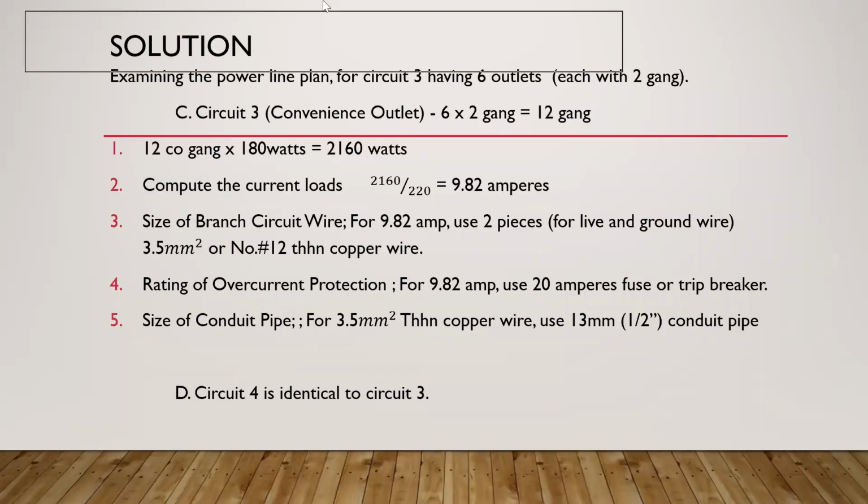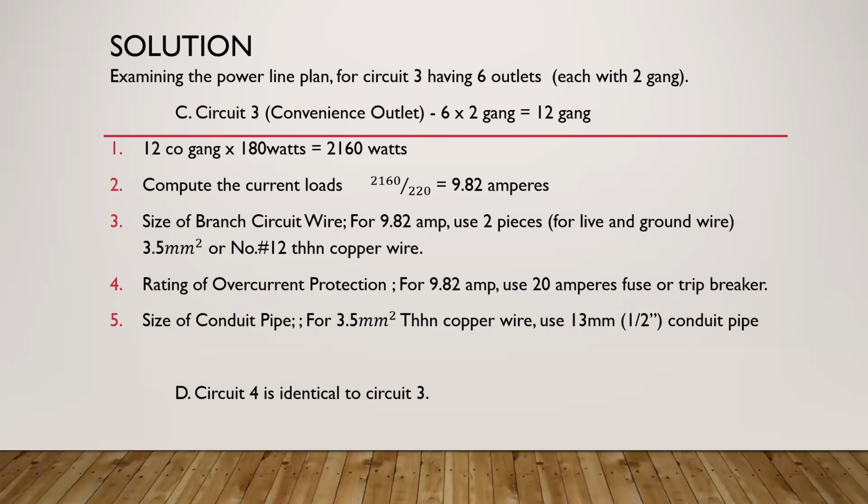So para sa ating circuit number 3, for the convenience outlet sa ating small appliances, we have 6 convenience outlets with 2 gang. So times natin yan siya kasi per gang is 180 watts. So we will have a total of 12 gang. So para makuha natin ang ating total load, i-times natin yung ating convenience outlet per gang ng 180 watts.